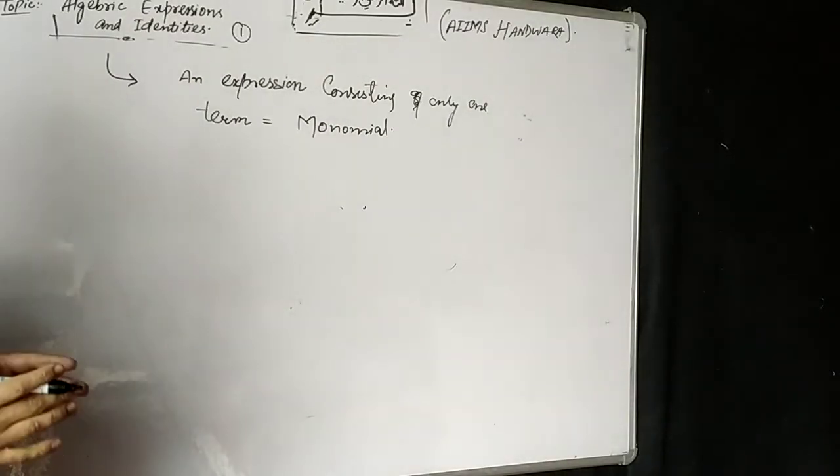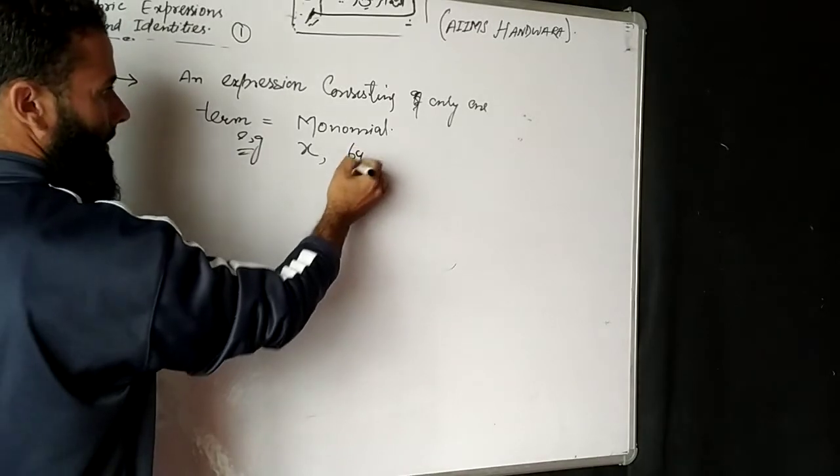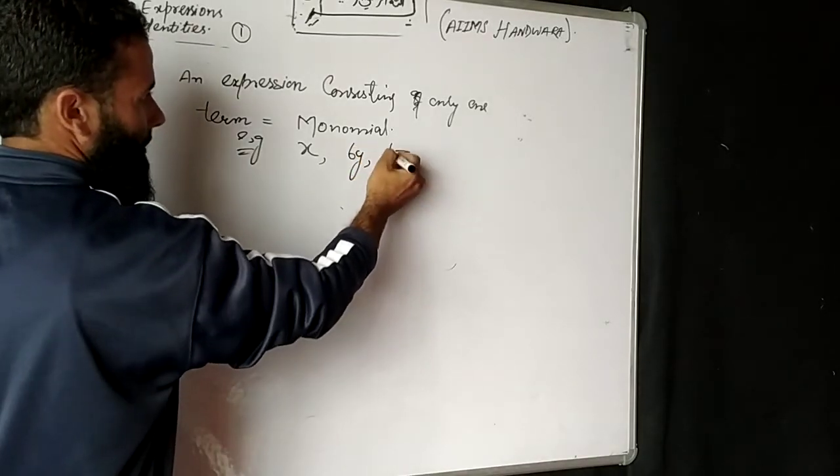So that expression is called a monomial, which is having a single term. Example: x, 6y, 4z. These are monomials.